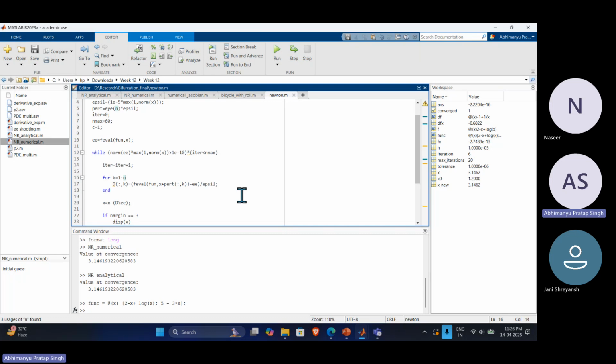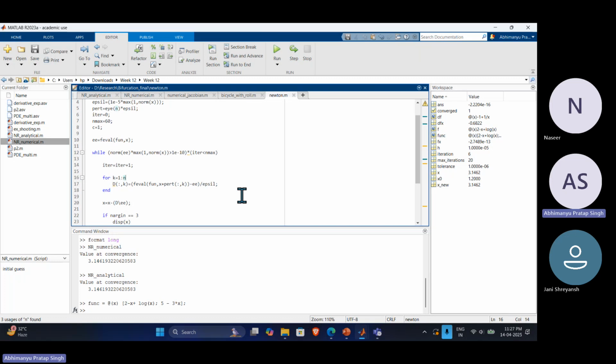We just calculate f of x minus f of x minus h, this is like a backward difference, and then we divide it by h. We do this for one part. So that means that for J 1 comma 1 this is the case.